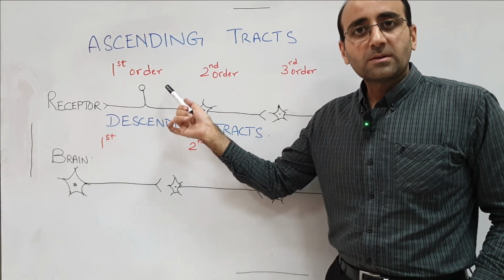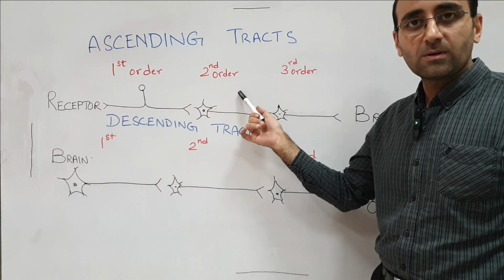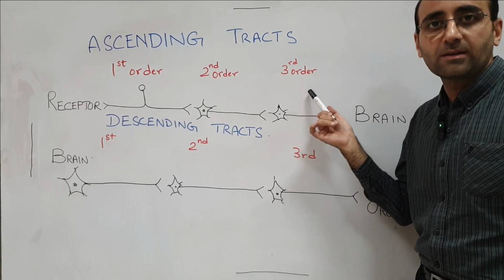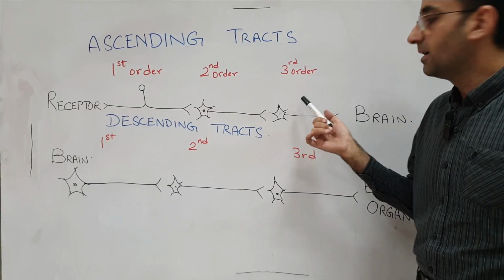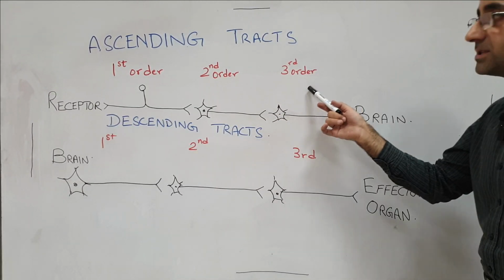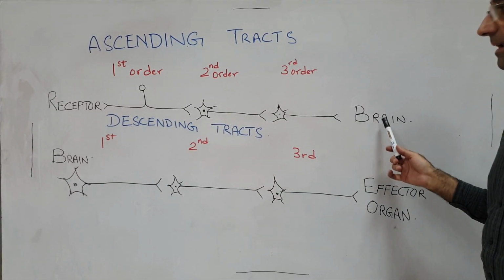Then the first order neuron gives its impulses to the second order neuron, and from the second order neuron it is carried to the third neuron in the chain, which is called the third order neuron, and so on if multiple neurons are required. And then eventually the information of the ascending tracts reaches the brain.